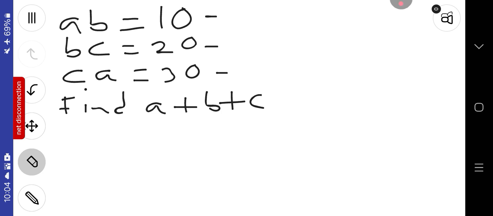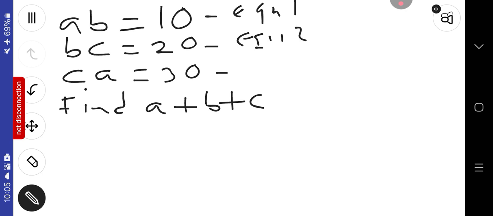Now let's call this, we have AB is equal to 10. Let's call this equation 1. Let's call this equation 2.